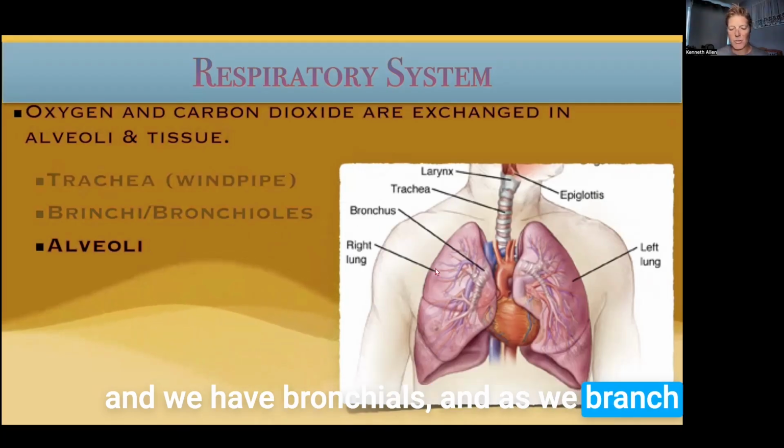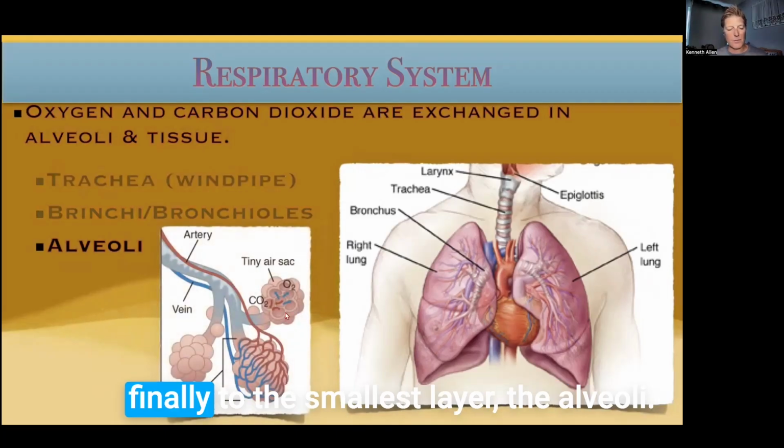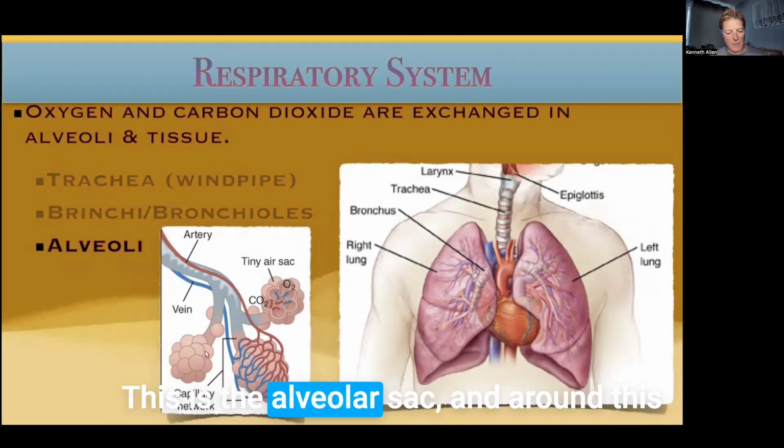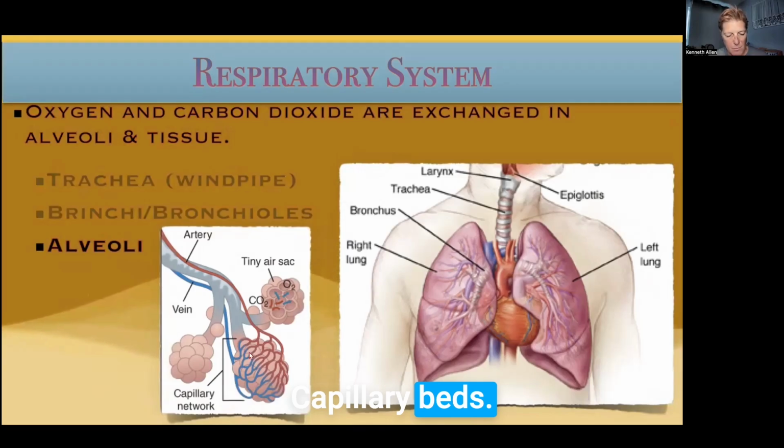And as we branch down the bronchial tree, we get down finally to the smallest layer, the alveoli. This is the alveolar sac. And around this little grapeseed air-inflated lung tissue is capillary beds.